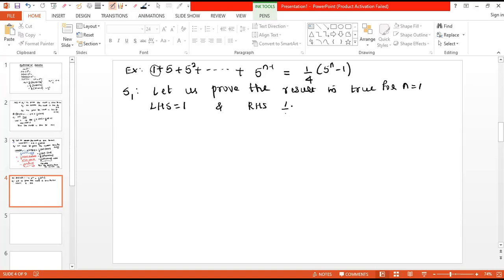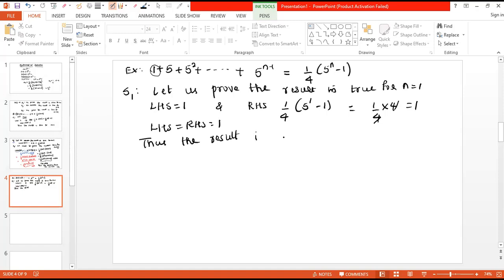This will be equal to 1 by 4, 5 to the power 1 minus 1, which is simply 1 by 4, 5 to the power 1 is 5, minus 1, which is 4. So we'll get here 1. Hence, LHS is equal to RHS is equal to 1. Thus, the result is true for n equal to 1.